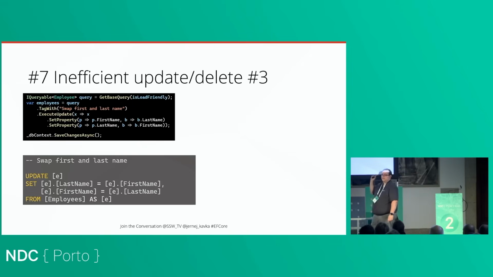Because if you have lazy loading, or if it has split queries or things like that, that TagWith will be in all of the queries related to this. So no matter how many queries EF Core will generate as a result of that query, all of them will have the same TagWith.